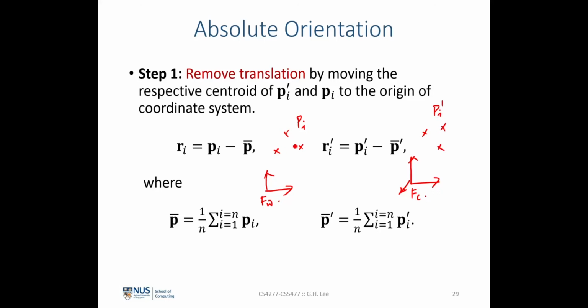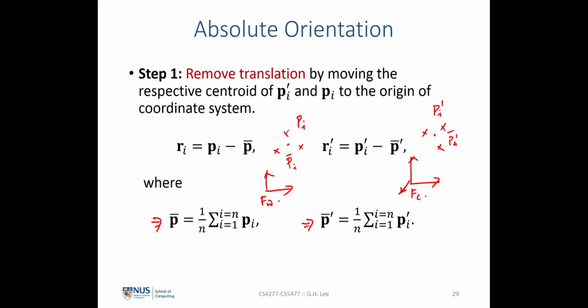The first step here is to compute the centroid of Pi, which I denote as Pi bar, and that's given by this equation. We simply sum every entry in the points and divide by the total number of points in this set. We'll do the same thing for the 3D points defined in the camera frame to compute the centroid, which we denote as Pi prime bar, by summing up the coordinates of all the points divided by the total number of points.